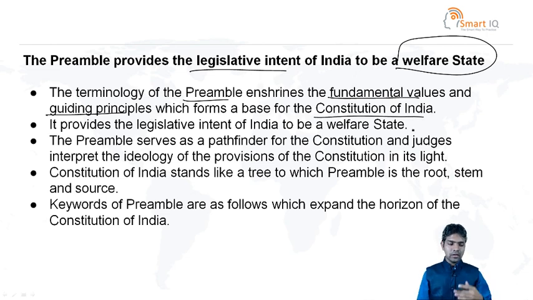It provides the intent for the government of India and the state governments. The main objectives of the preamble are the welfare of the state, the society, and the community.